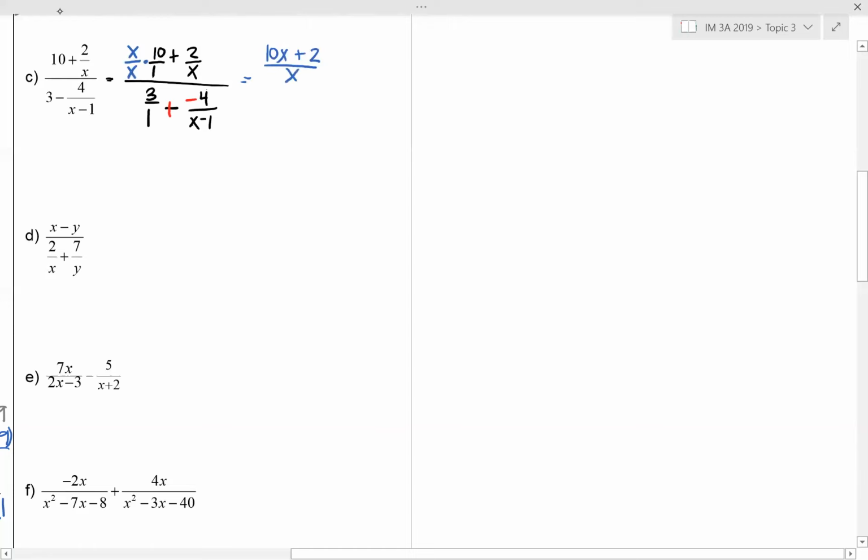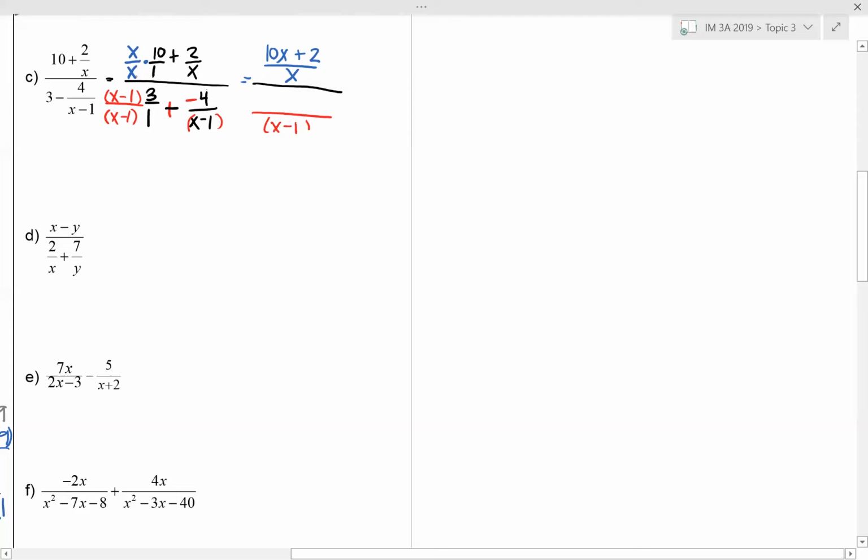I need to do the exact same thing in the denominator where I have 3 plus negative 4 over x minus 1. So since the denominator is x minus 1, I need to multiply the first number, since that doesn't have a denominator, by x minus 1 over x minus 1, so that I can have the common denominator of x minus 1.